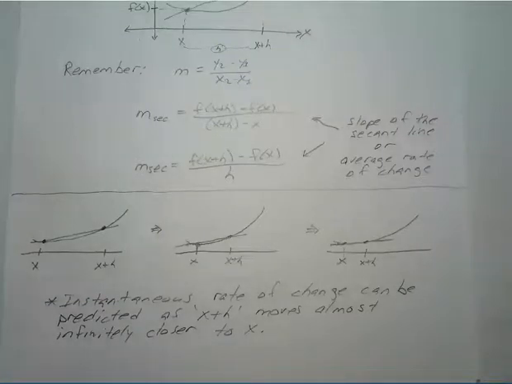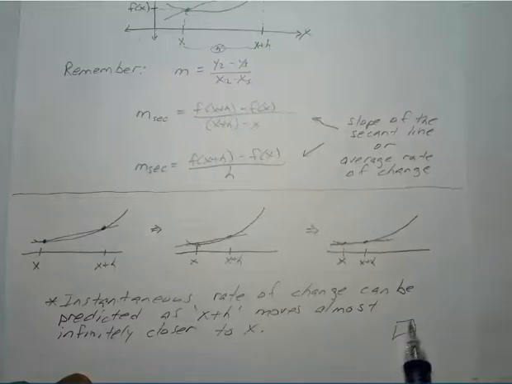That is called our tangent line approximation, and we will cover that a little bit later. If you are still writing, feel free to press pause, but we're going to go ahead and move on to our first example.